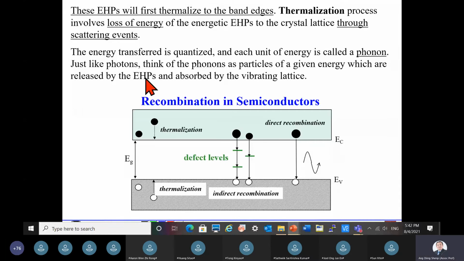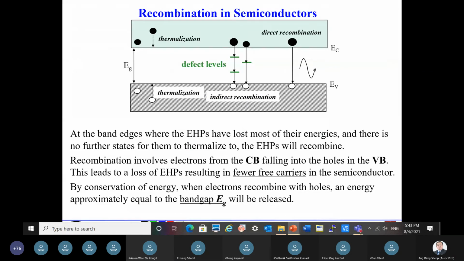But these packets of energy are absorbed by the crystal lattice, the vibrating atoms in the crystal lattice. So after thermalization, the electron hole pairs situated near the edges of the conduction and valence band, or band edges, will recombine. Okay.